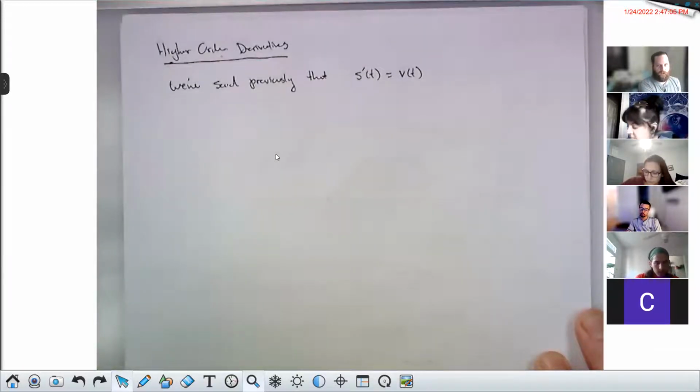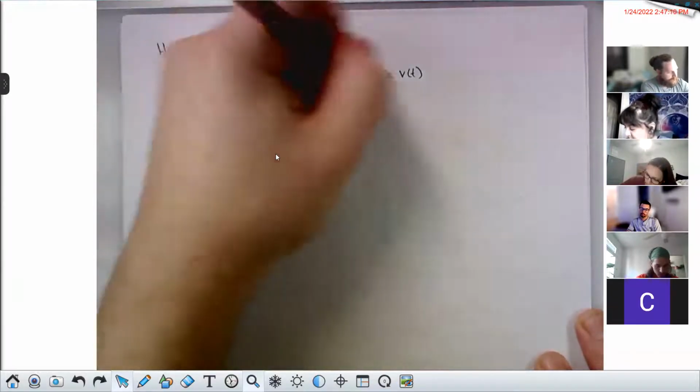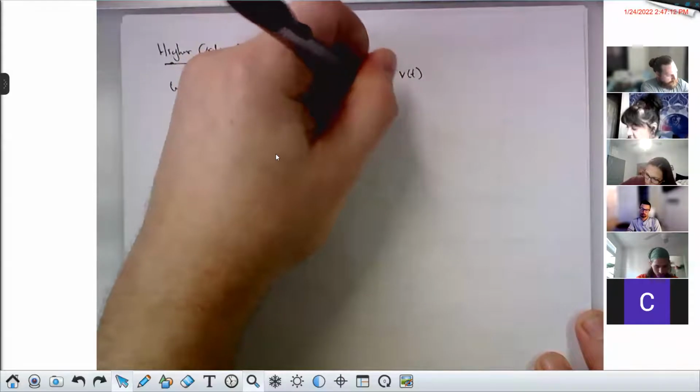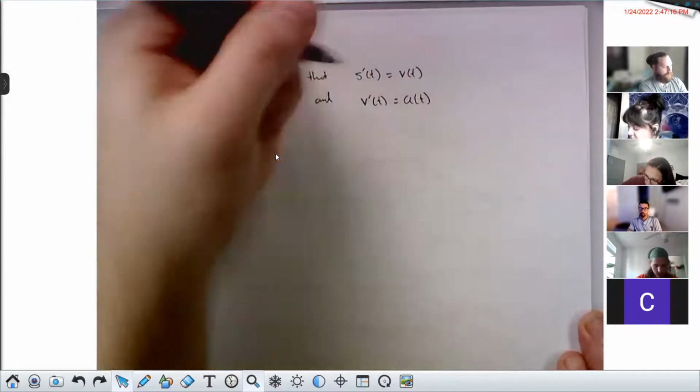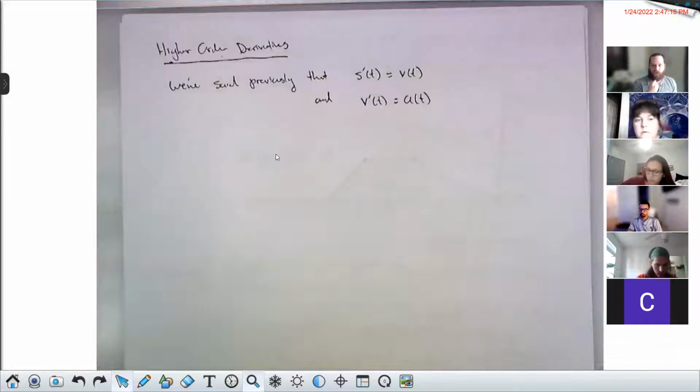We've said previously that s primed is v and that v primed is a, your acceleration, right? How fast your velocity is changing. There's a special notation to connect the function a directly to the function s. If you take the derivative once of your position, you get the velocity. If you take the derivative of your velocity, you get your acceleration.